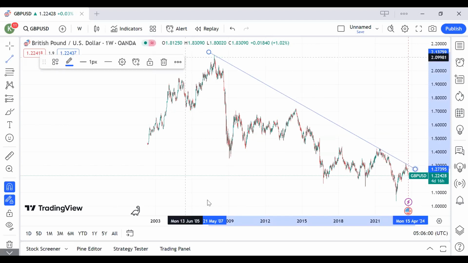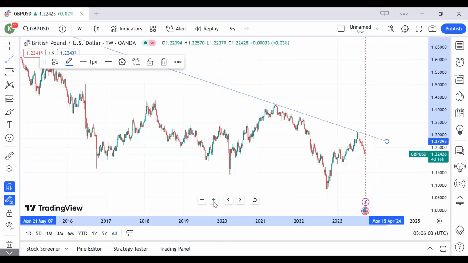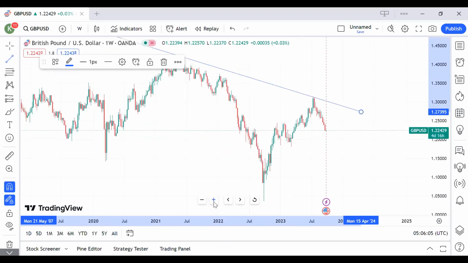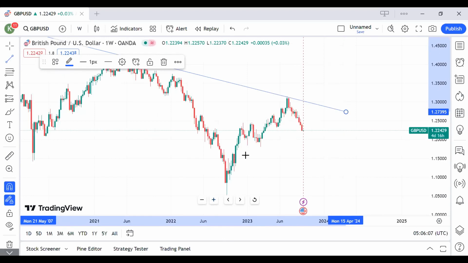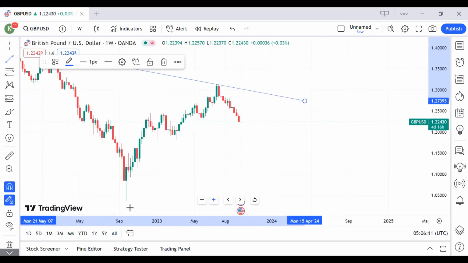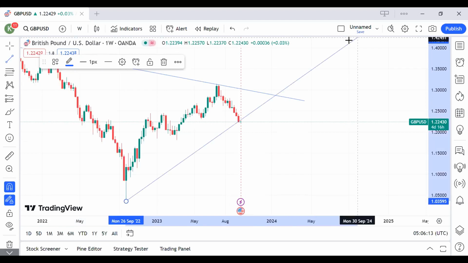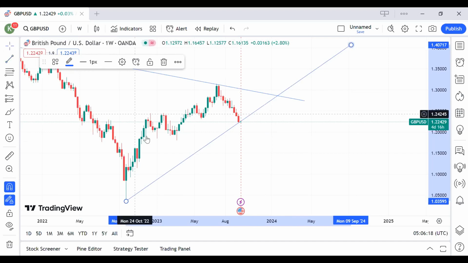Another thing to observe is that there is a bit of a counter trend which we started observing from last week, from this point to this point. And we said if for any reason price begins to maintain this trend, then we will be looking out for a counter trend that is gradually becoming an uptrend.